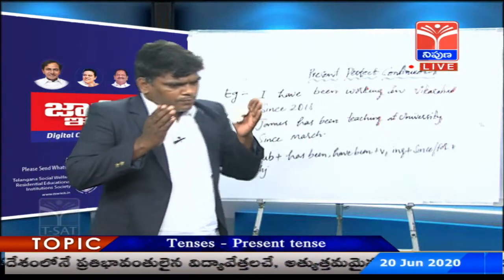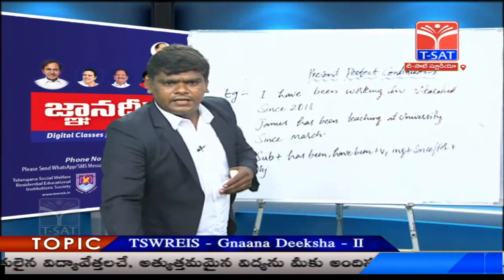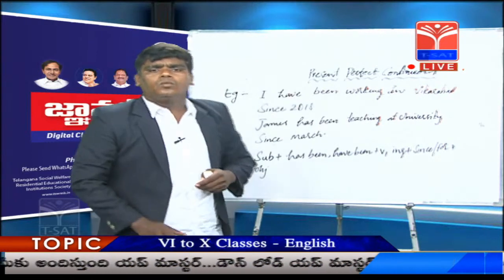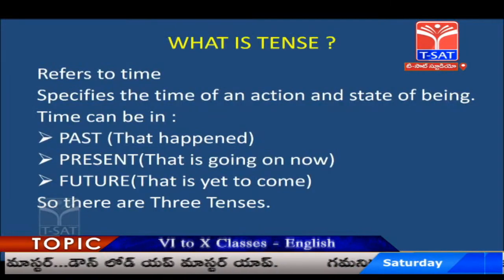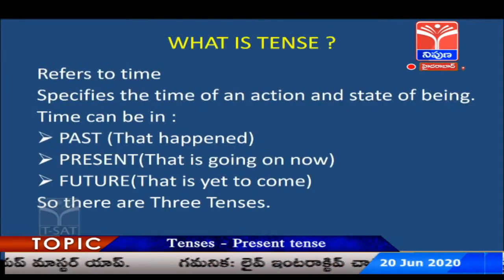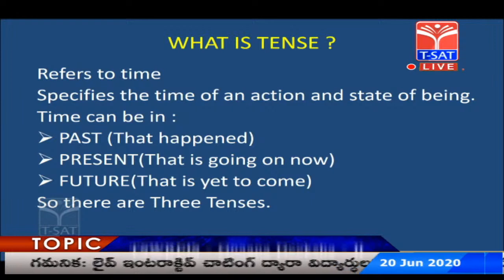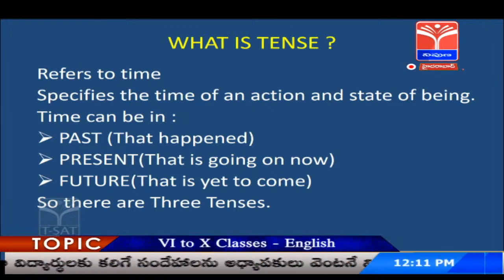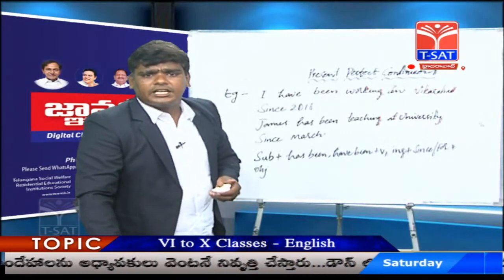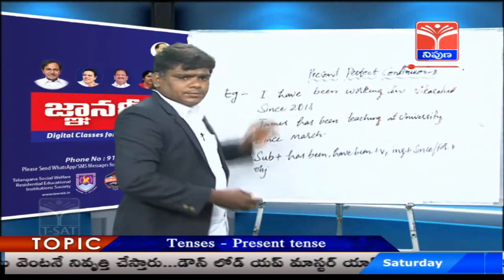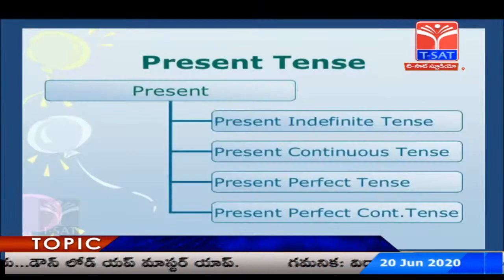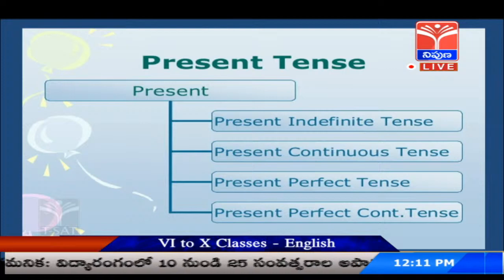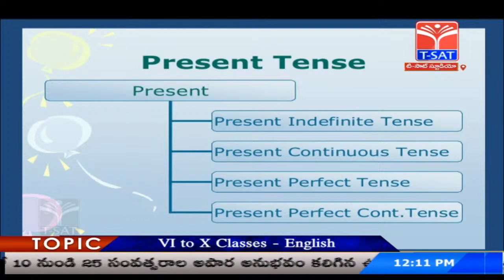See, once again I repeat this. What is tense? Tense refers to the time. Time can be past, present, future, as you know. So here our topic is present tense. In present tense we have four: present indefinite or present simple, present continuous, present perfect, present perfect continuous.